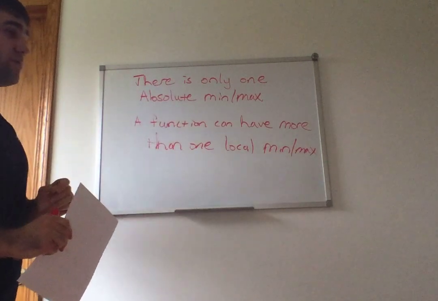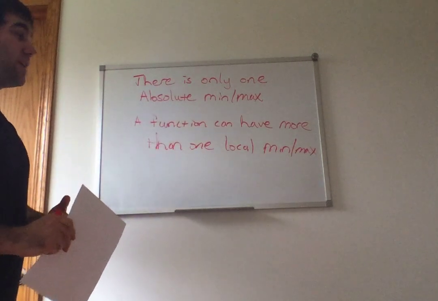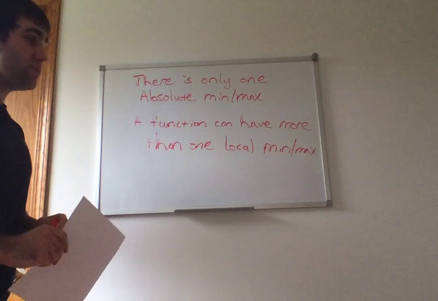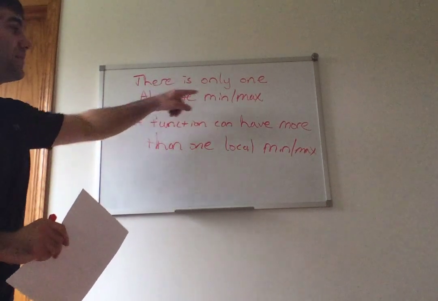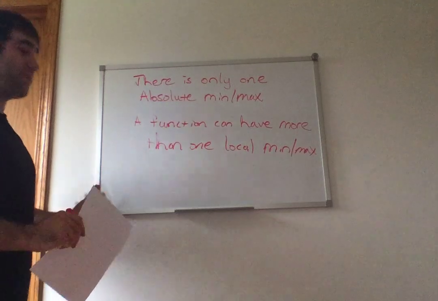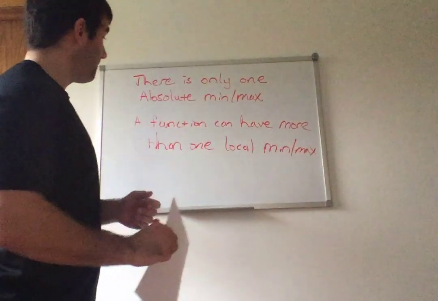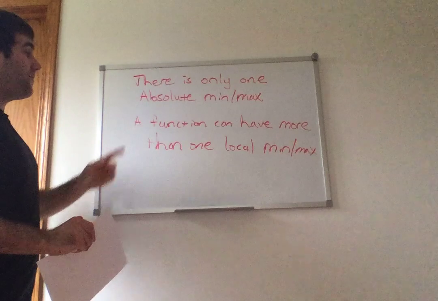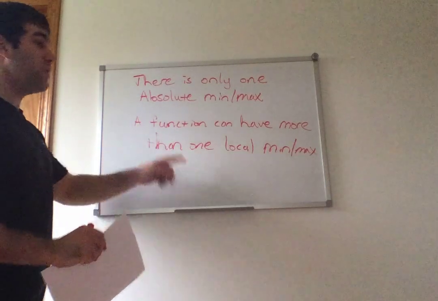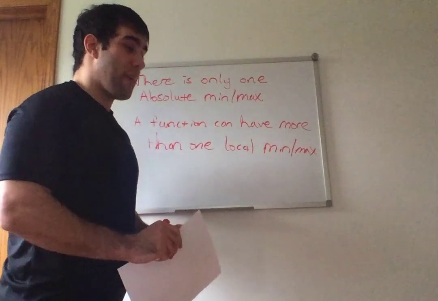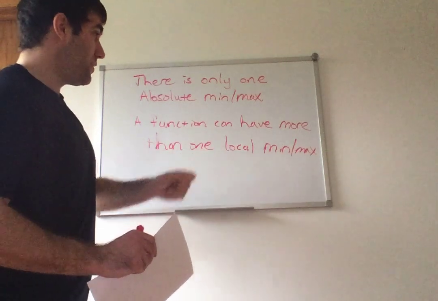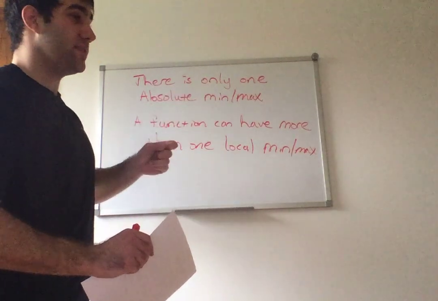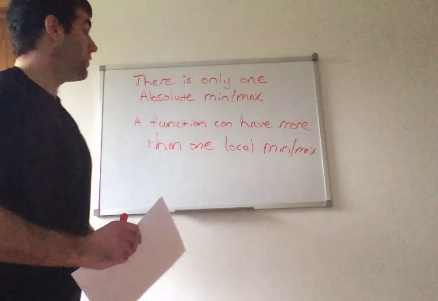I said local min, I meant to say absolute. If there is an absolute min or max, then there's only one of each, okay? If there is one of each, okay? Now, a function, however, can have more than one local mins or maxes, okay? You can have more than one of these, but you can only have one of each of these, okay?